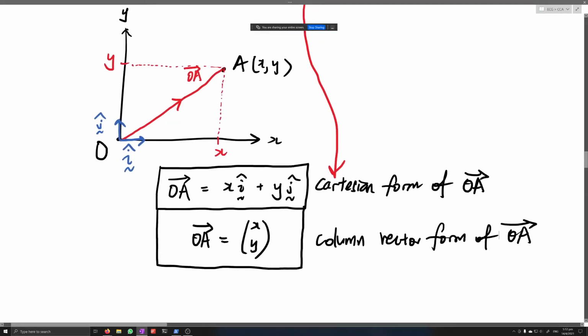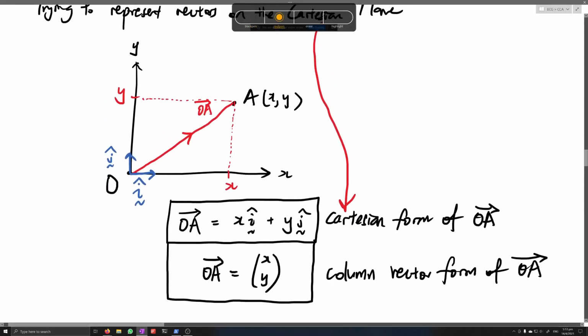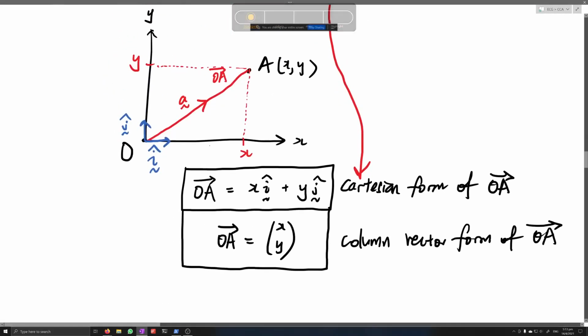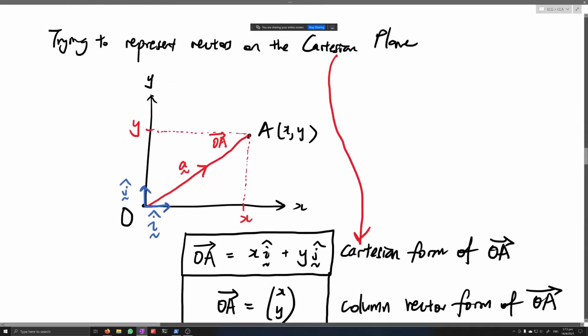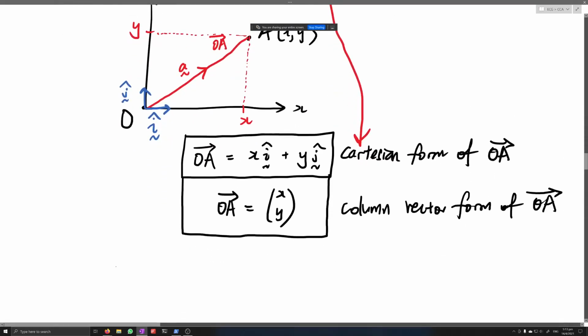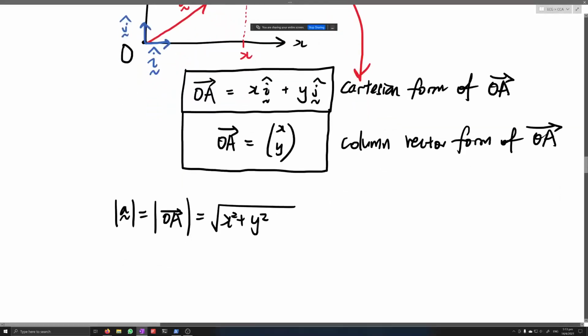Then, let's say I'll just call this A. If you want to find the magnitude, by Pythagoras theorem, we can also derive that the modulus of A is equal to the modulus of OA, which is equal to root of x squared plus y squared. Pythagoras theorem, simple.